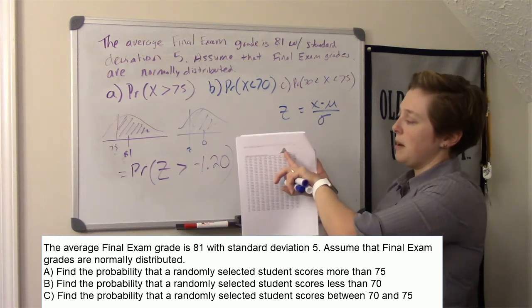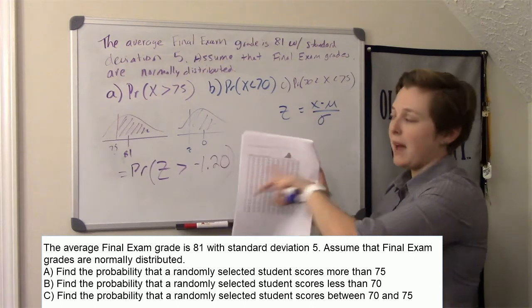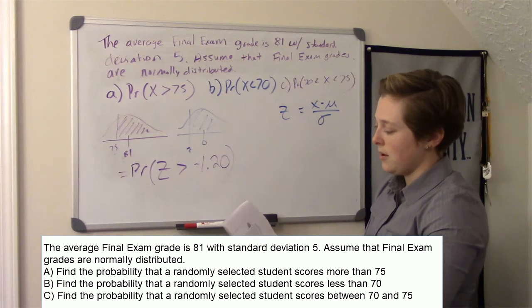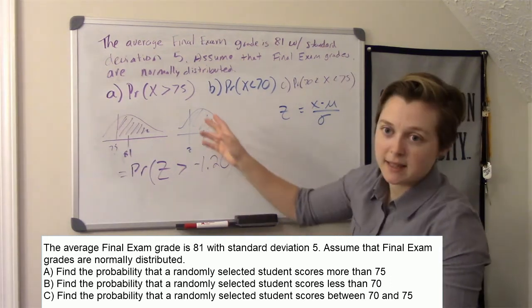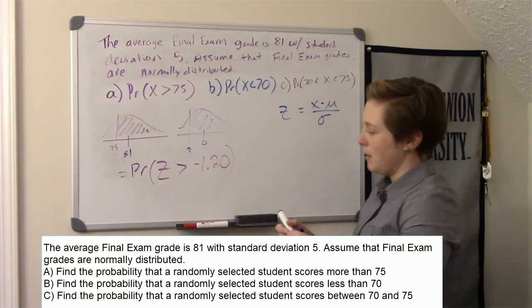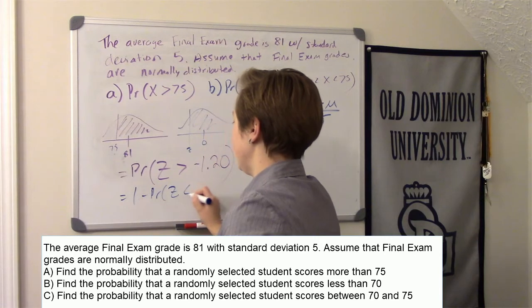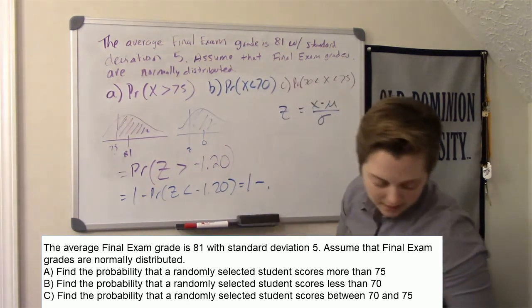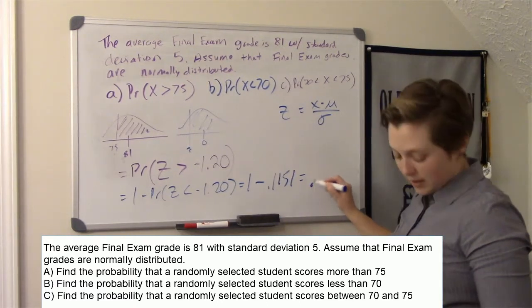So it gives the probability that z is less than particular numbers, the back side. If I want to know the forward side, I have to do 1 minus that value. So this is going to equal 1 minus whatever the table says, which is 0.1151.